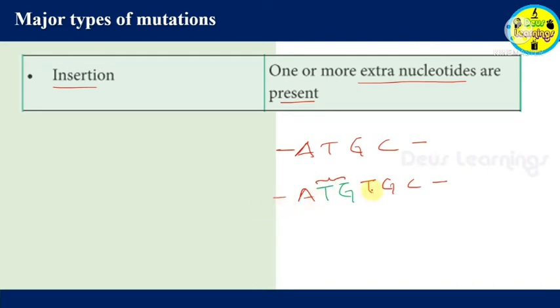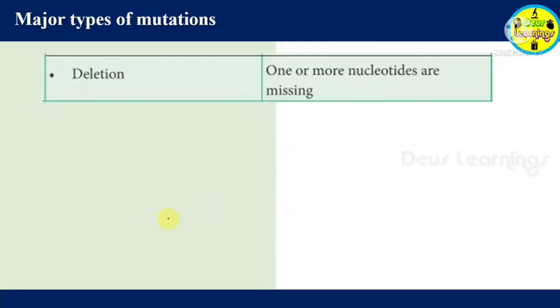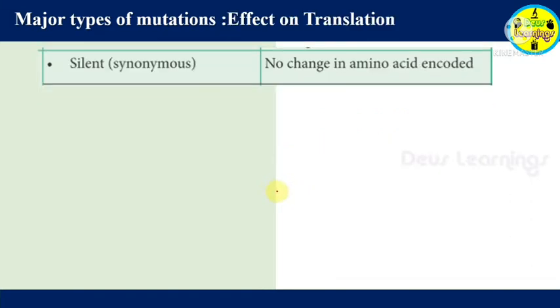Insertion increases the number of nucleotides. Or deletion, for example, again we have A, T, G, and C. For instance, G is deleted, so it will be A, T, and C. So G is gone. That will also be a mutation. But how the mutation reflects in the outcome, for that you have to understand transcription and translation. Once you finish transcription and translation, it will be easier for you to understand this outcome.